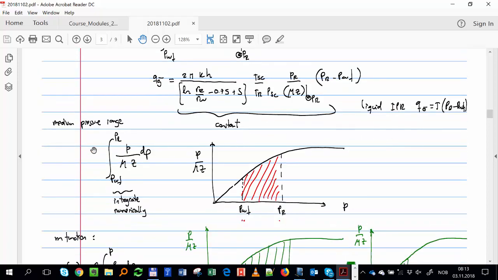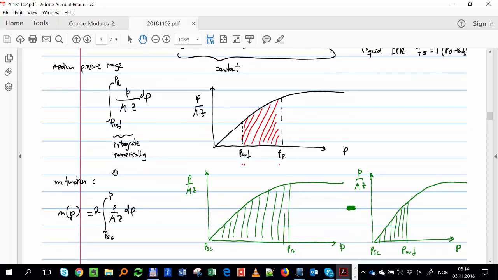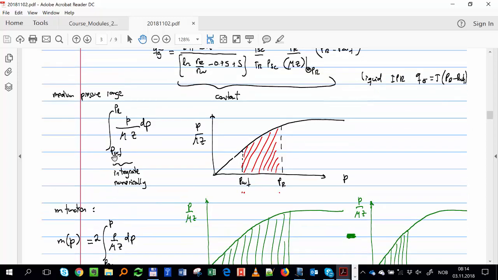Now for the medium range, I have to make this integral. But as this pressure will change in the field, you will not usually be operating at a constant PWF. So it becomes very impractical to make the integral every time we evaluate this function.